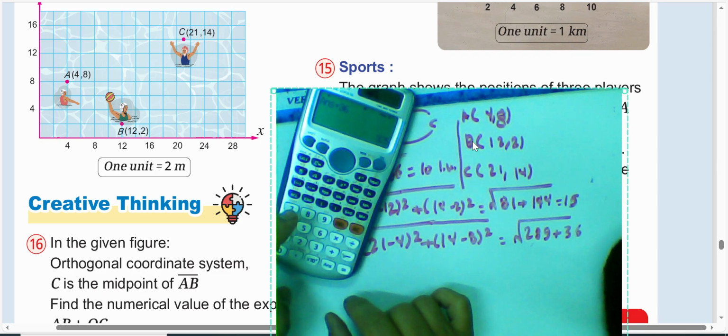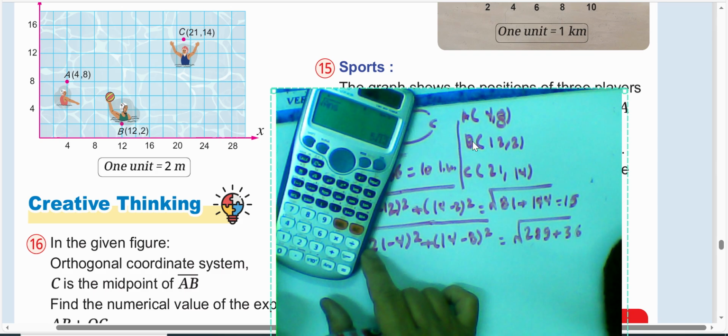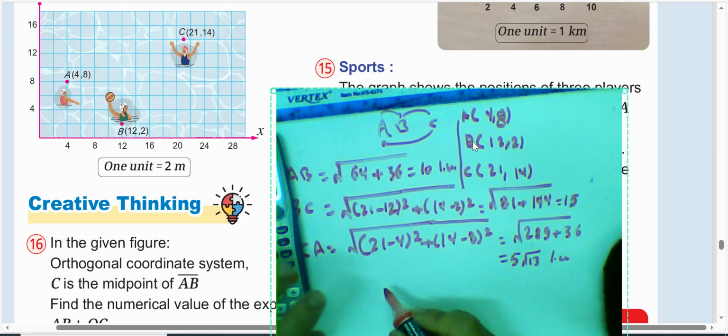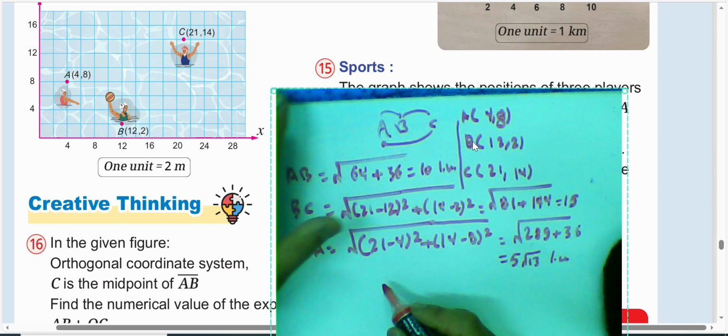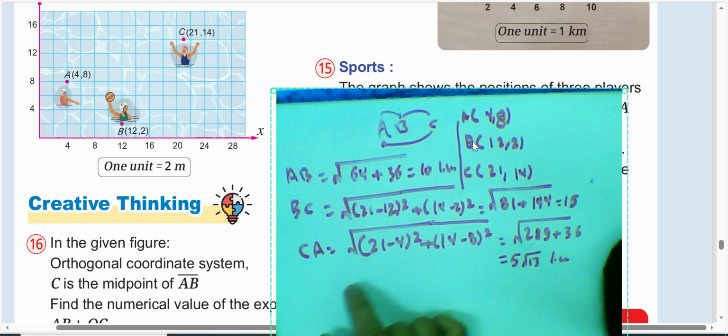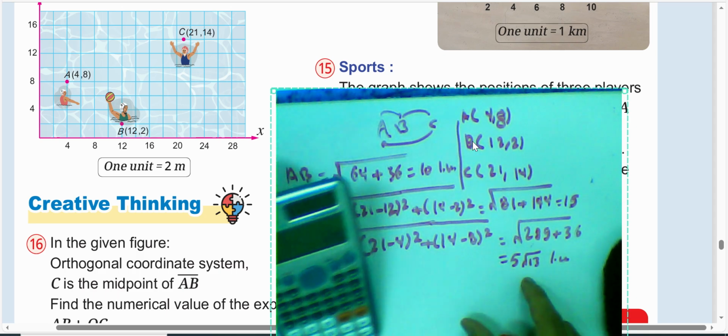Then the square root of the sum equals 5 root 13. Okay, this is CA.